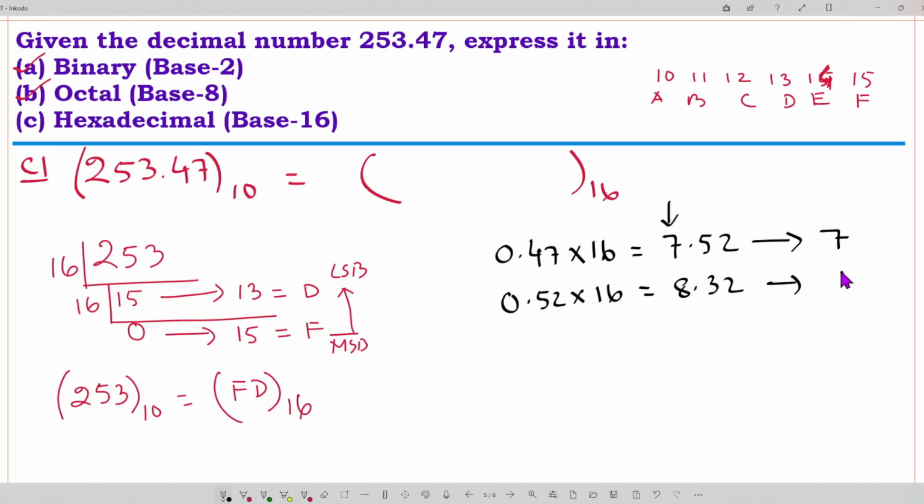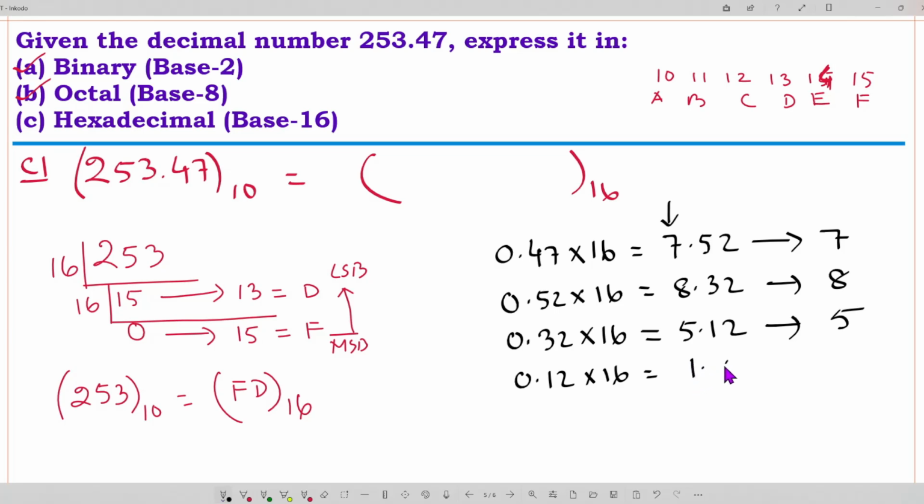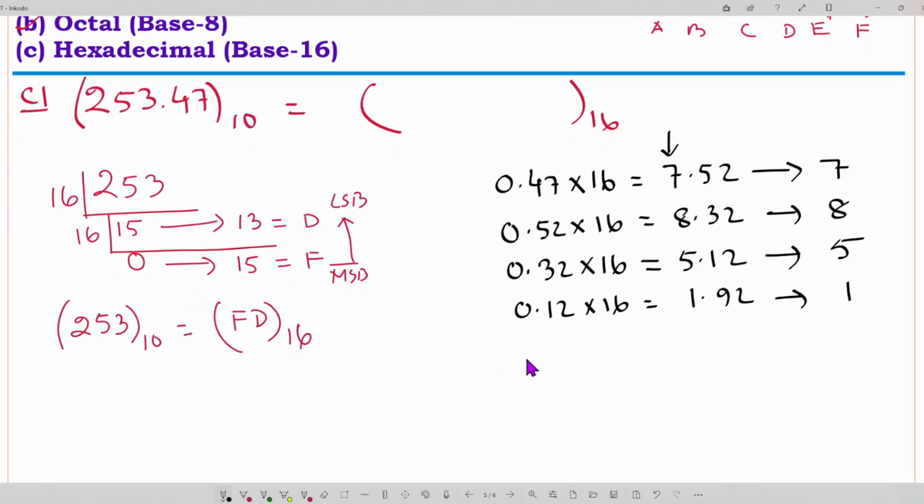So here is 8. Now 0.32 times 16, so what will be? 5.12. So here is 5. And then 0.12 times 16 is 1.92. So we can use 1. So we can stop here because it will continue.